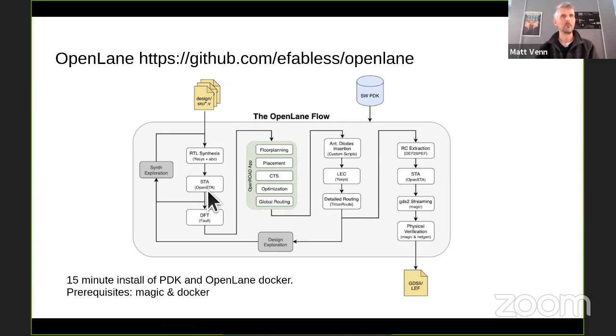We can do STA, static timing analysis. That allows us to work out how fast the chip can work. And then design for test, DFT, allows us to put special structures in the chip that make it easier to debug if things go wrong later. Then inside we've got OpenROAD, which is a whole other toolkit that is the core of this flow.